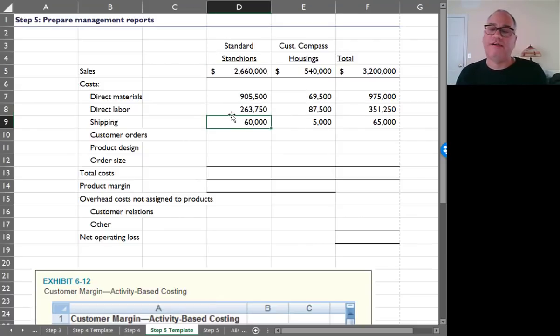And this breakdown has not been given to you until this point. You would need to figure out how much direct materials, direct labor, and shipping goes into each product. But we do want to know also the other three cost pools: customer orders, product design, and order size. So we calculated that already in step 4.